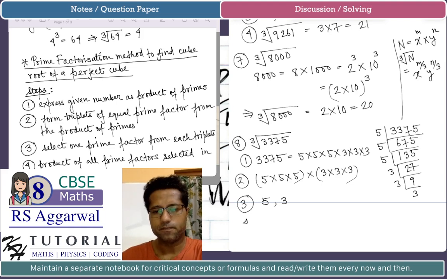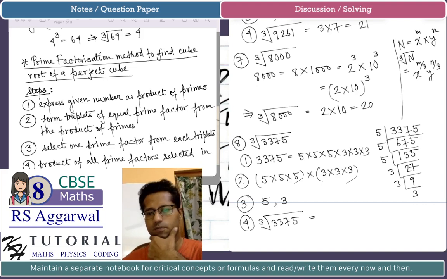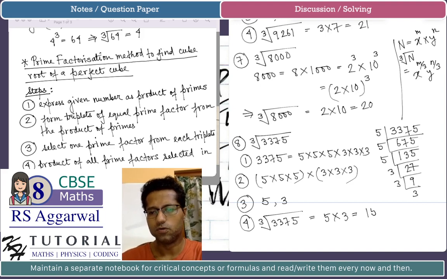So finally the cube root of 3375 is the product of the factors obtained in step 3, that is 5 into 3, which is 15.